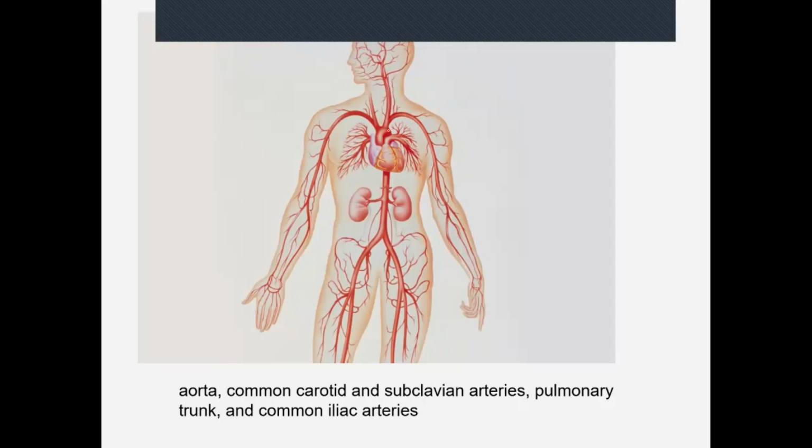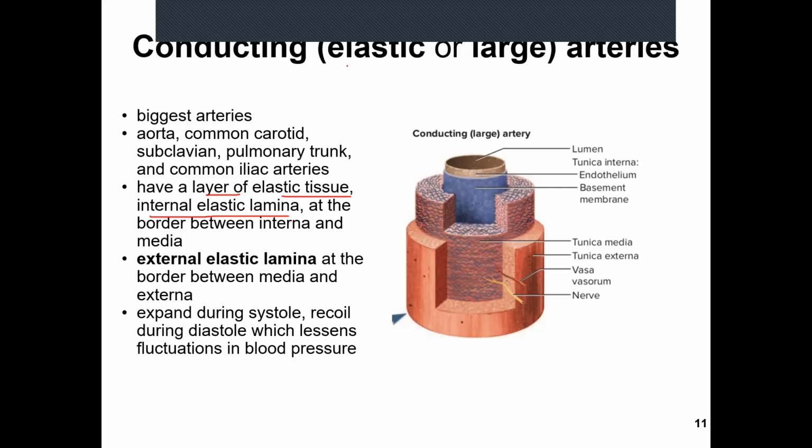For example, if we have thinner tunica media, the wall will be damaged by pressure, because you imagine, yes, pressure for 60, 70 beats per minute. It means high pressure every time, every second to this wall. They need to be thick and strong to withstand pressure at the same level. That's why these conducting elastic or elastic large arteries have very thick tunica media.